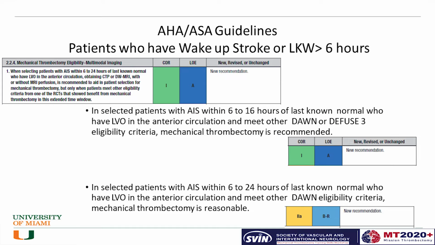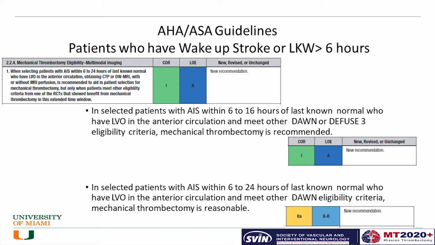So the guidelines now say that for patients who wake up with symptoms, or the last known well is unclear, or they're at greater than 6 hours, mechanical thrombectomy should be considered in those eligible patients based on perfusion scans. And you can use CT or MR perfusion.